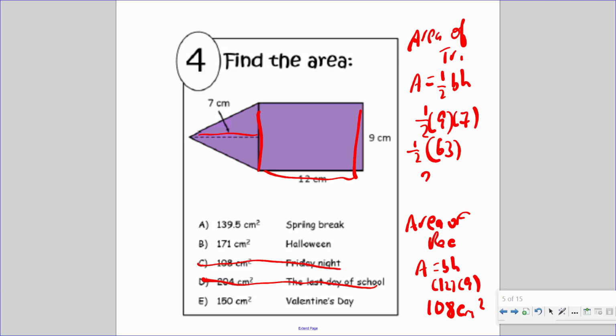Half of 60 is 30. Half of 3 is 1.5. So the area of the triangle is 31.5 square centimeters, while the area of the rectangle is 108 square centimeters. Together, it adds up to 139.5, which is spring break.